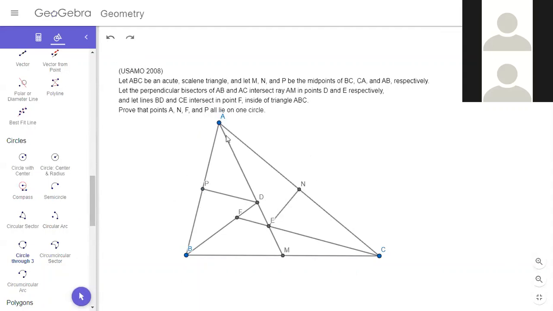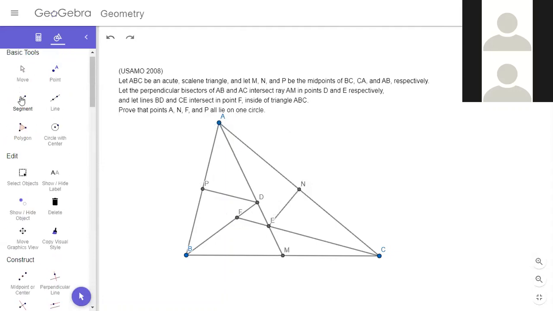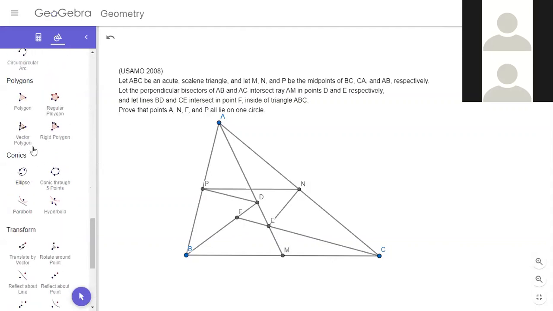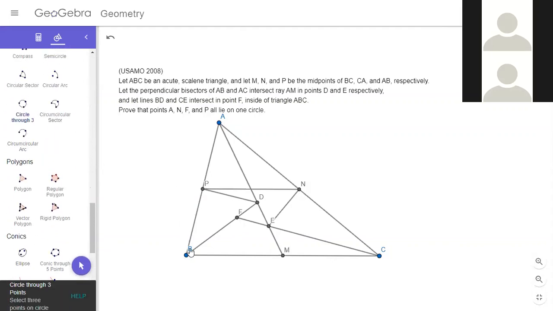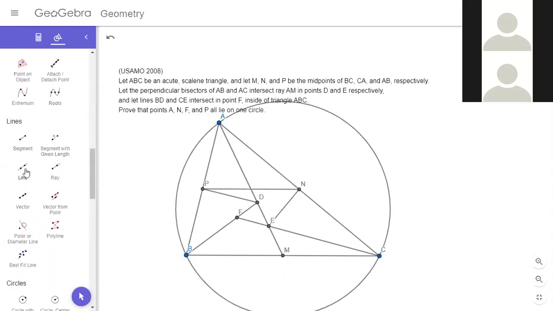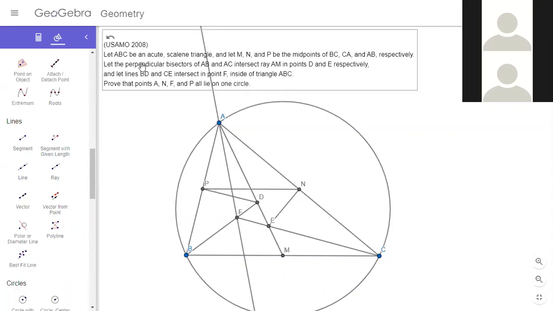So we know NP is parallel to BC. So we could try to do a homothety. If ANFP is cyclic, I feel like I've done a problem like this on my channel before.